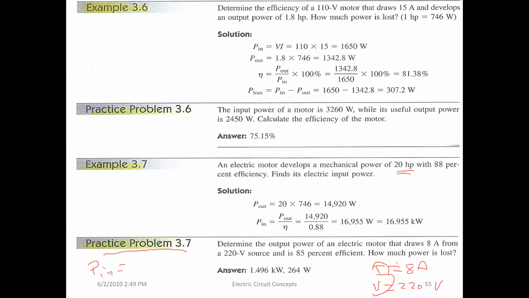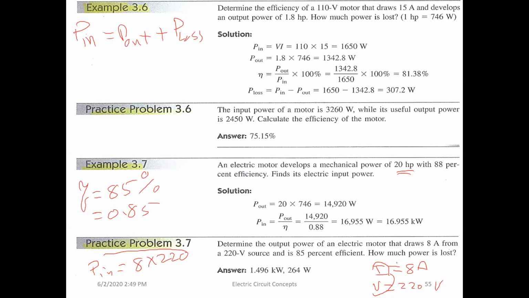So Pin would be 8 times 220. Okay, and it's 85% efficiency. So the efficiency is given at 85% or 0.85, either way. How much power is lost? Okay, and again, going back to the formula, Pin is equal to P out plus P loss.